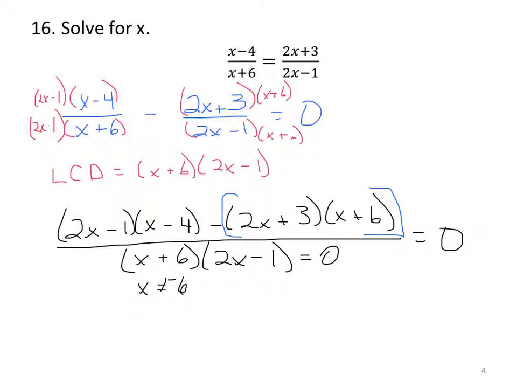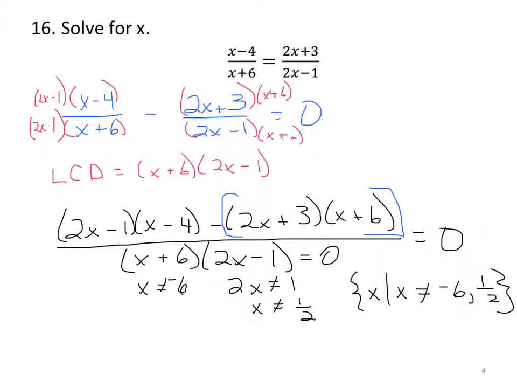It also means 2x can't equal 1, or x can't equal 1/2. So our domain is that we can use all values of x except for negative 6 and 1/2. So we're going to circle that in red and come back to it.